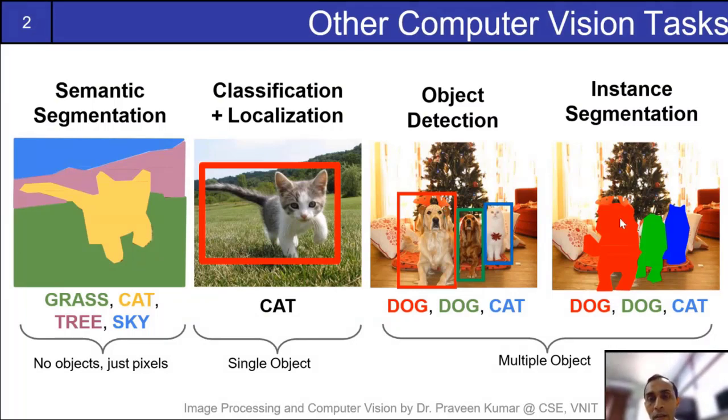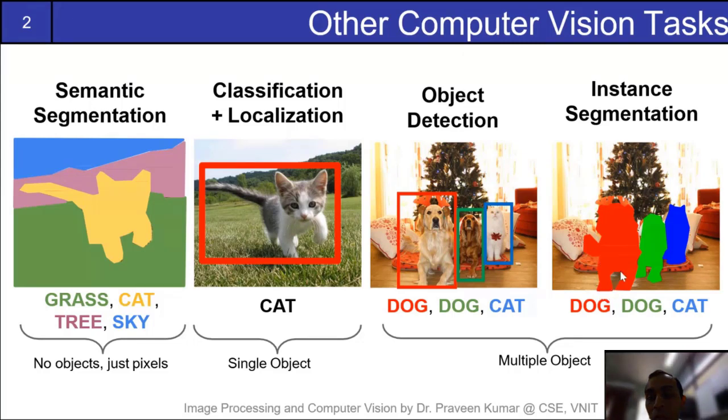And then the last task that we'll discuss is called instance segmentation, which is a combination of object detection and semantic segmentation, basically. So in object detection, we are detecting objects, but we are just fitting a bounding box. And that bounding box, many times they overlap and they have a lot of background portions to it. But we may want to get a more accurate, exact segmentation.